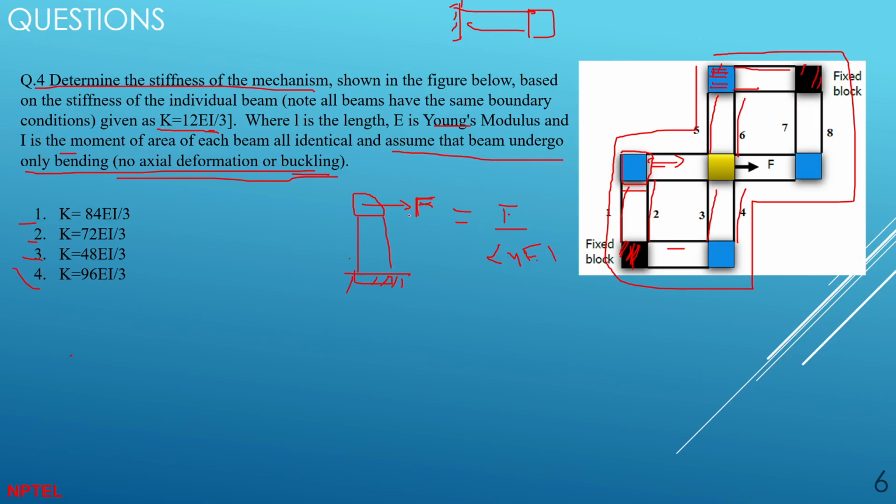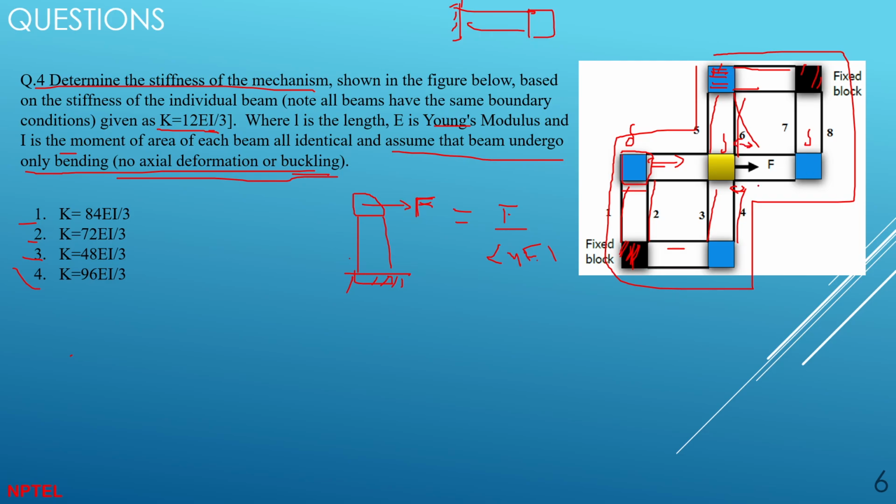So when you know this, this beam will have the same deflection, and this other beam will also have the same deflection because all the beams are connected. So the deflection or the bending, I'm talking about this part, delta.